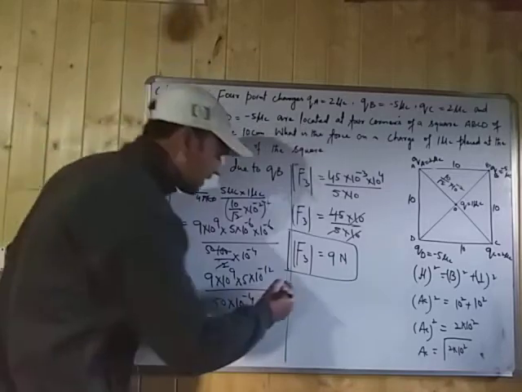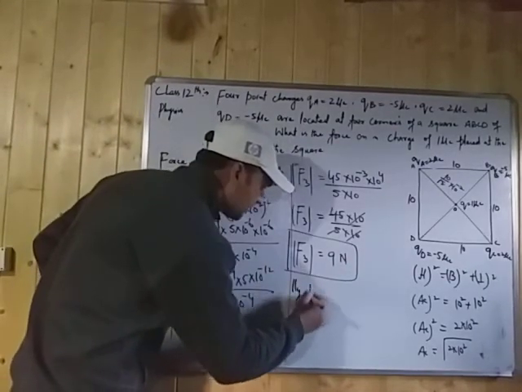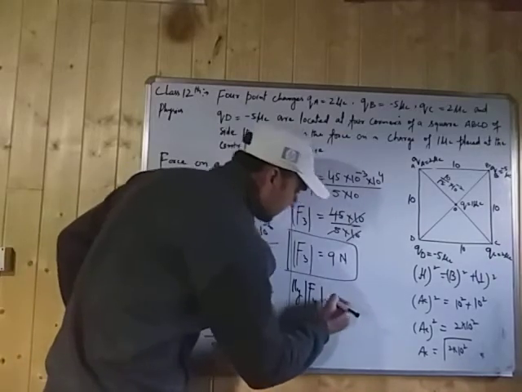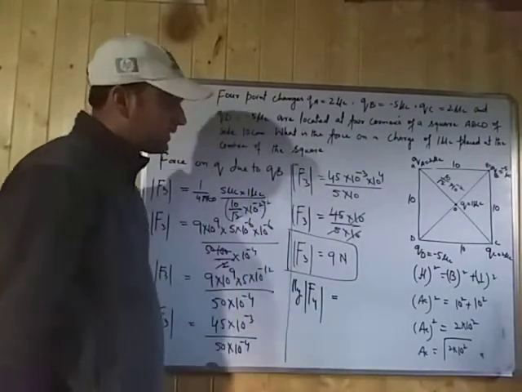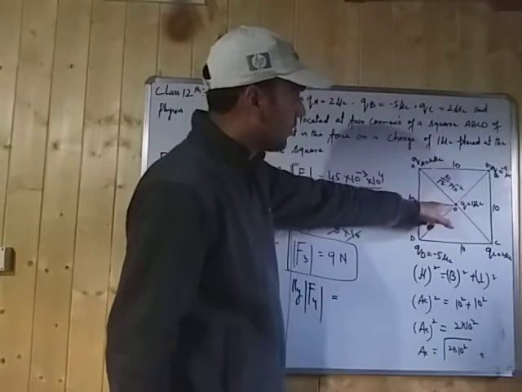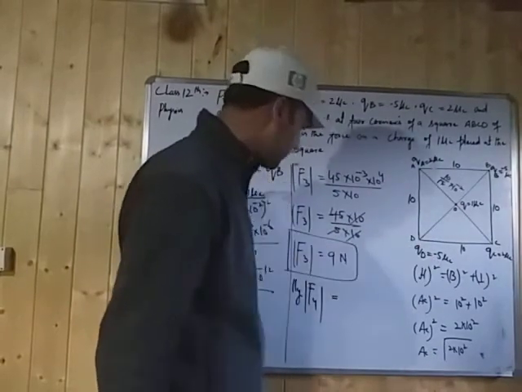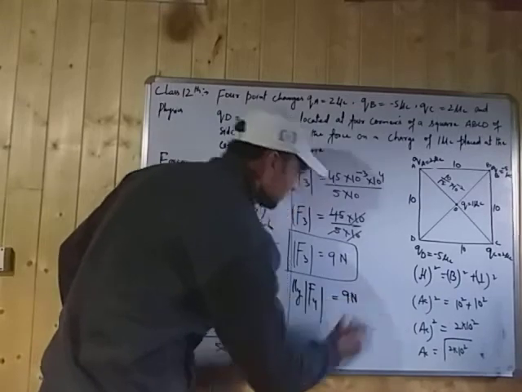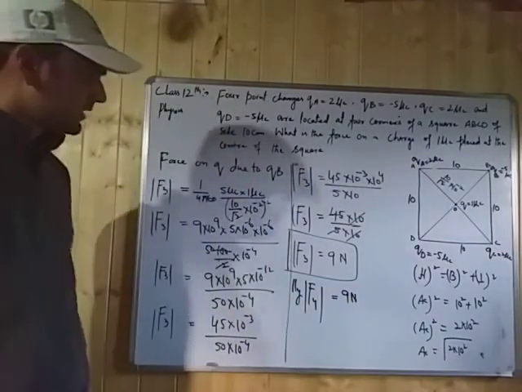So similarly, the magnitude of F4, that is the force on charge Q due to QD, will also be equal to 9 newtons.